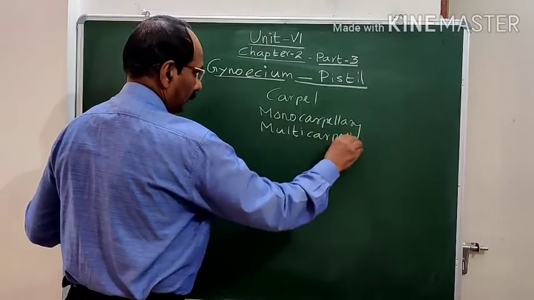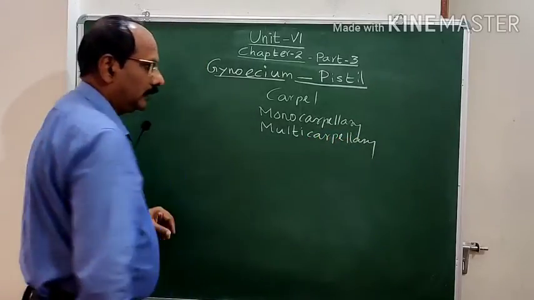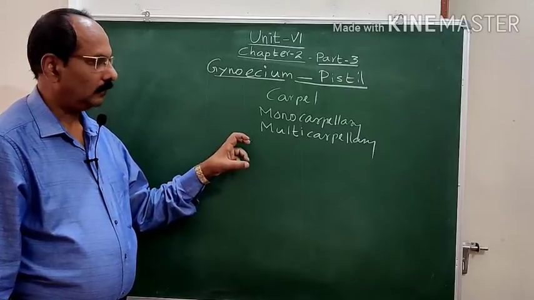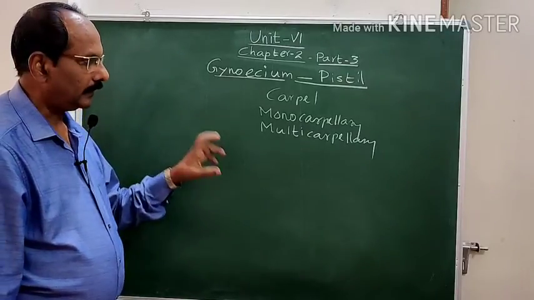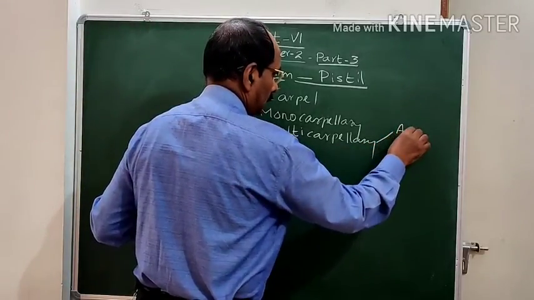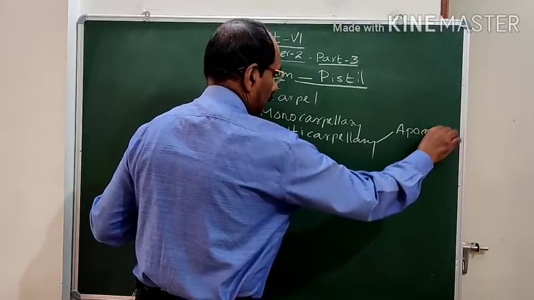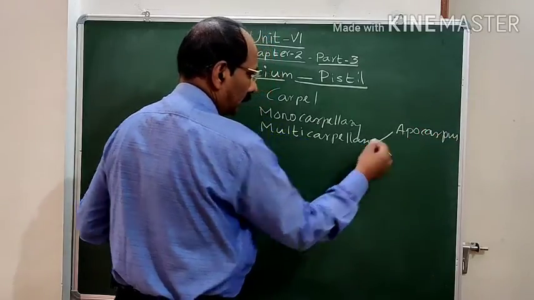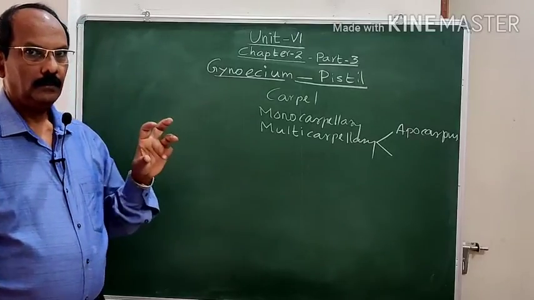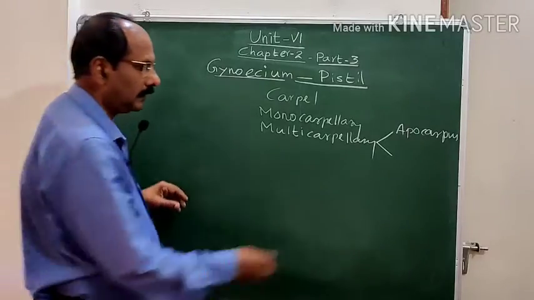If a flower is multicarpellary, the carpels may be united or they may be free. If the carpels are free, it is known as the apocarpous condition. And if the carpels are united and become one bundle, it is known as the syncarpous condition.